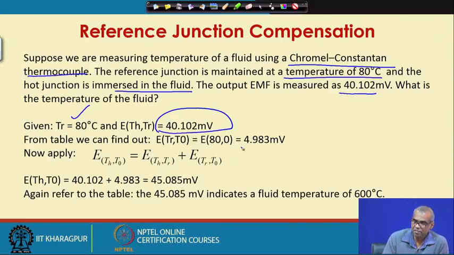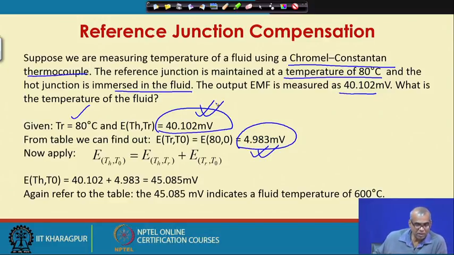From the table I find that it is 4.983 millivolt. So, now I must add this to the measured value to find the EMF if the thermocouple is kept between the measuring junction temperature, that is the fluid temperature, and 0 degree Celsius. That is going to be 45.085 millivolt if I add these two numbers.